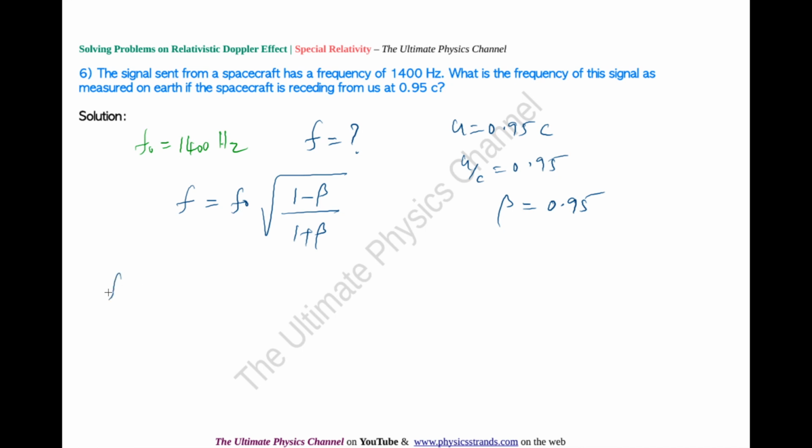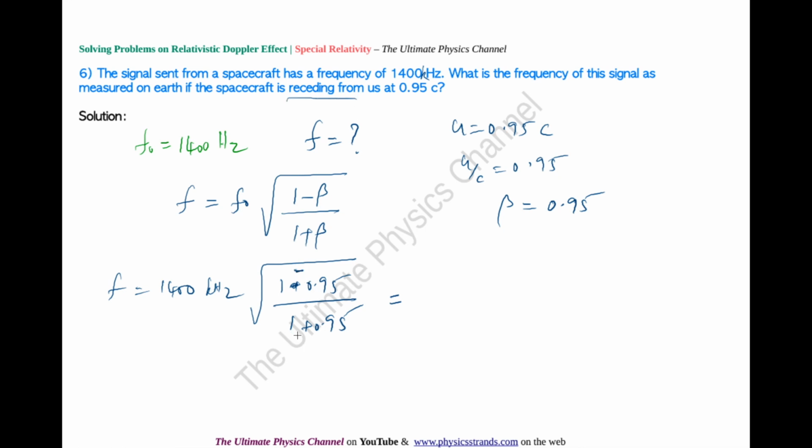So here F is equal to 1400 hertz. I mean, it should be kilohertz, right? It's a kilohertz, 1400 kilohertz. Or hertz also doesn't matter anyway, right? So it is 1400 kilohertz, square root of 1 minus in the numerator and 1 plus in the denominator, right? The frequency has to reduce if it is receding from us.